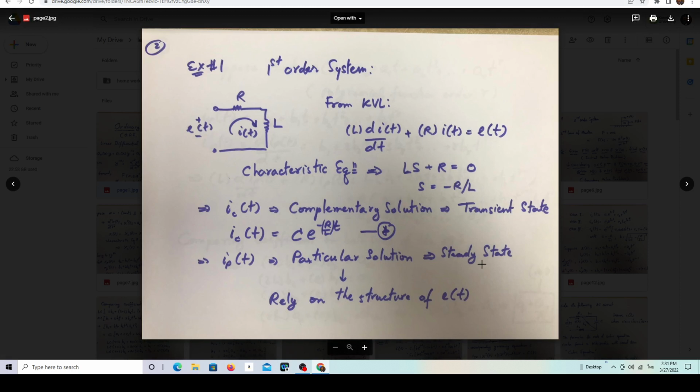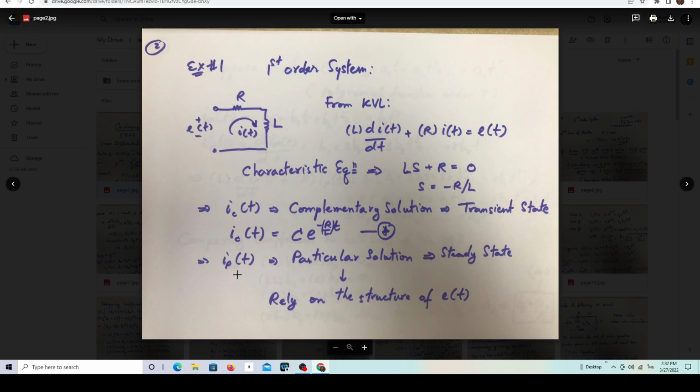In this case, we call it the steady state solution in the engineering sense. I_t starts to study the effect of the input E(t) on the system. I_c(t) studies the solution with no effect from the right hand side function.